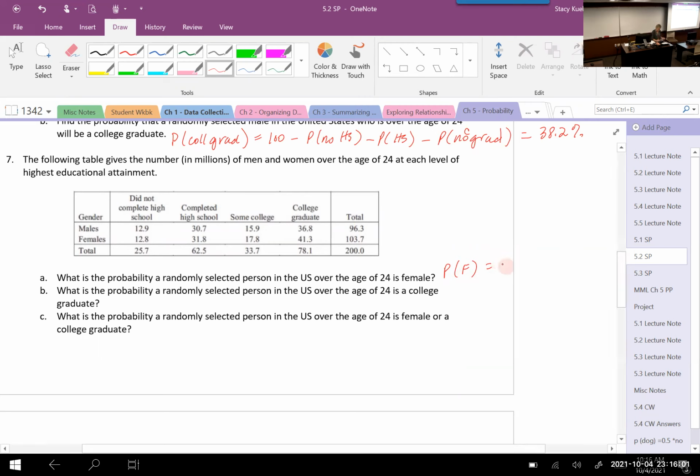And you got that how, Michaela? What did you divide? Okay, so 103.7 divided by 200. 0.519. Very good.